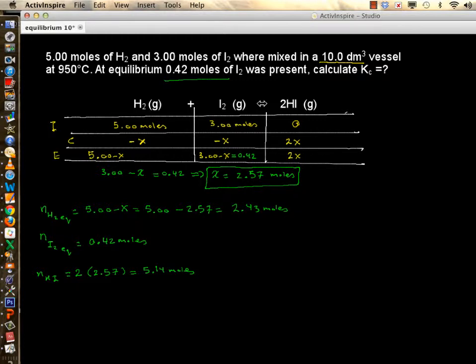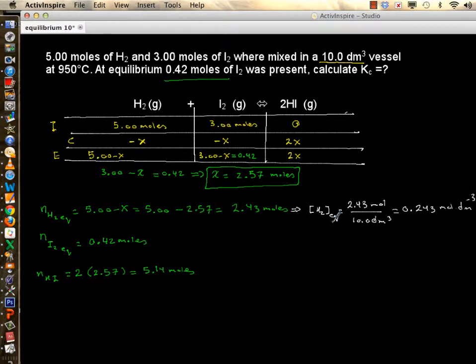Now this is the stage where I'm going to convert them into concentrations. So I'm going to use my 10 decimeter cube and say, look, concentration of hydrogen at equilibrium is moles divided by volume. So it's 2.43 moles divided by 10 decimeter cube. And simply I move 1 decimal place to the left, 0.243 mole per decimeter cube.